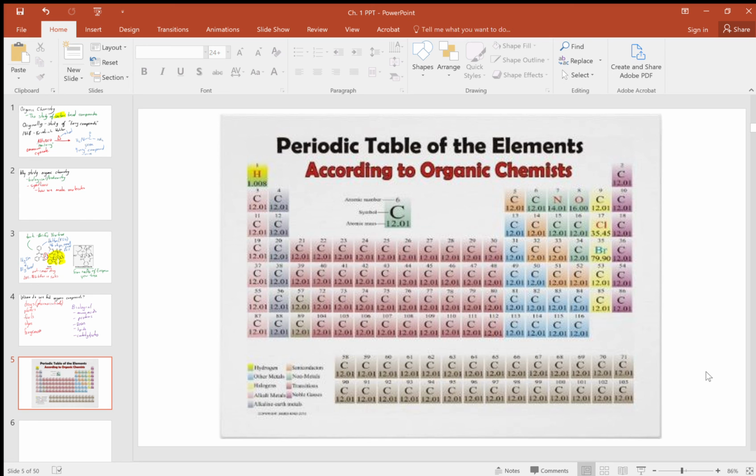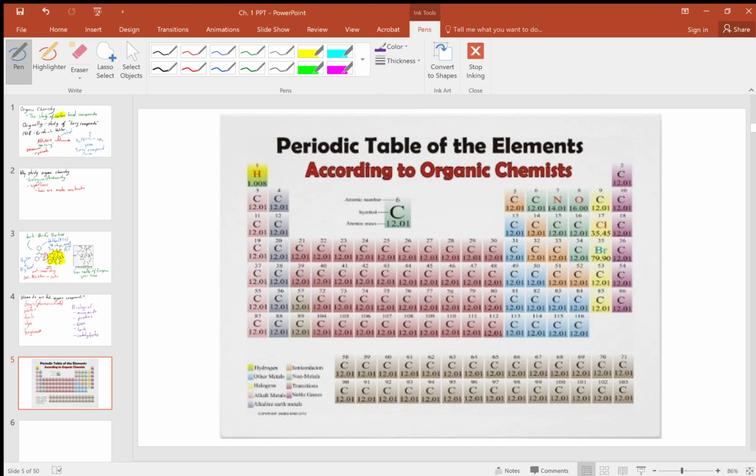And so you'll see here, these are the elements that are most important in organic chemistry. Hydrogen, nitrogen, oxygen, chlorine, and bromine. We could make a case for adding phosphorus, sulfur, and iodine to this table as well.